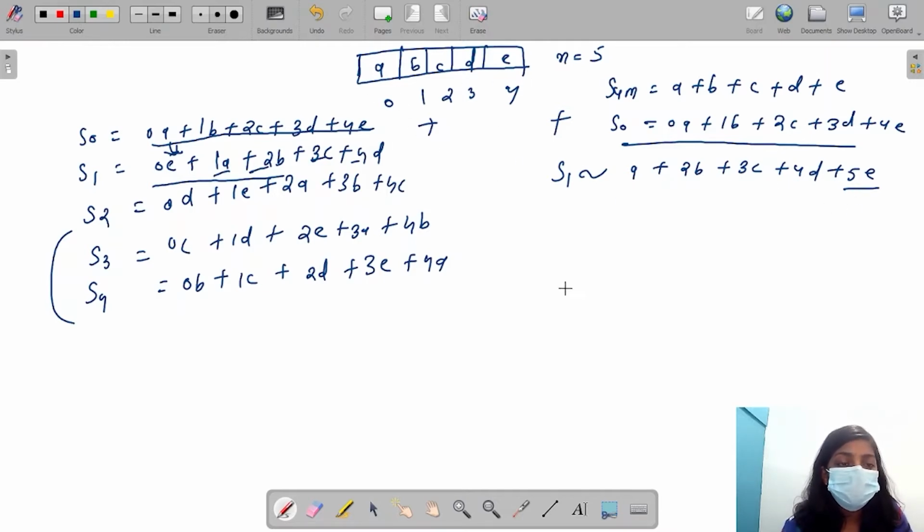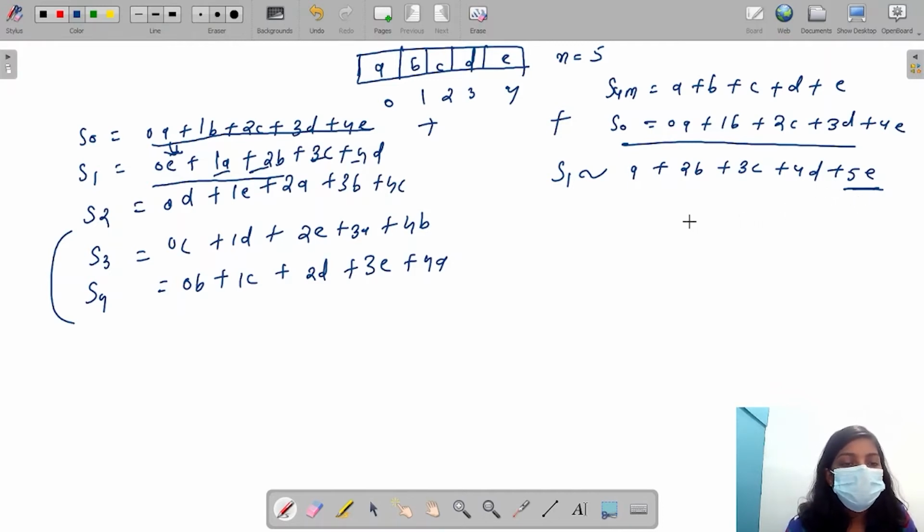So whenever we have something at position n, it is nearly equal to the 0th position, right? So this should be equal to 0. So how can I make this 0? Because in S1 I want it to be 0, right?